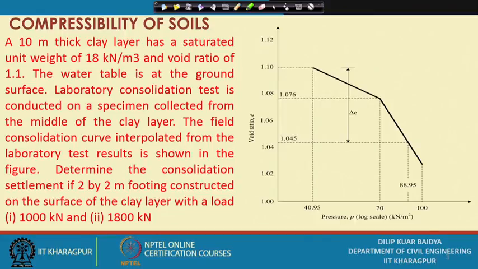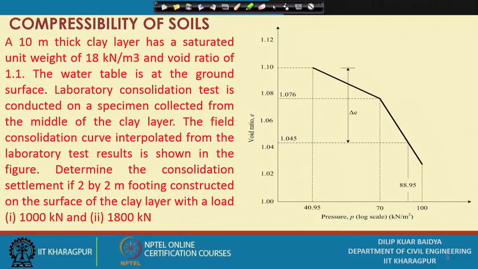Using these two parts, when you find the consolidation settlement, with respect to the present effective overburden pressure, when you increase the pressure because of the foundation load, you have to see where the point is now.